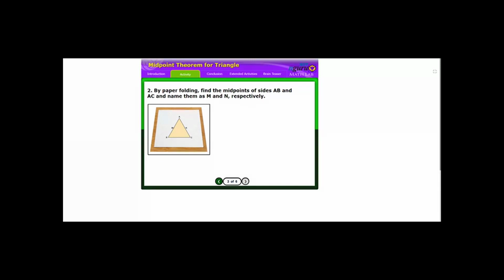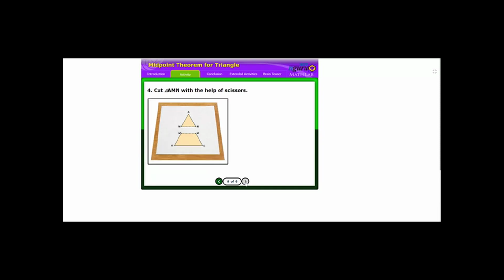Then you will get point M. And if you put A on C, you will get point N. Now, fold along MN to make a crease. Crease means that mark. When you fold, you get a mark, no? That is called a crease. Cut along that MN.